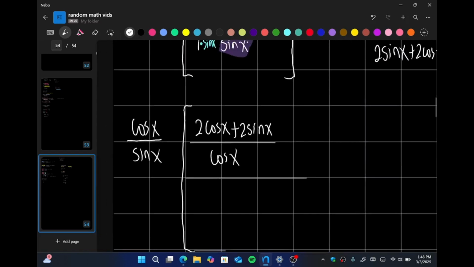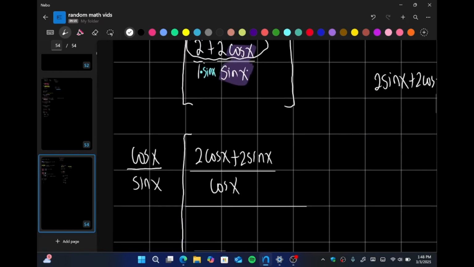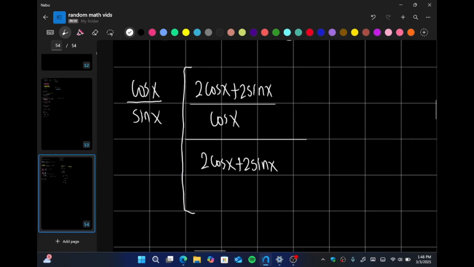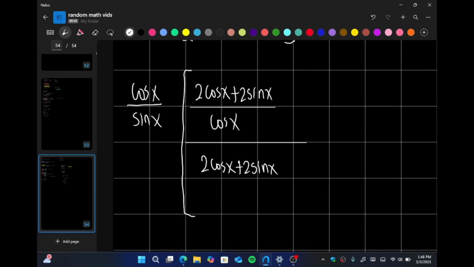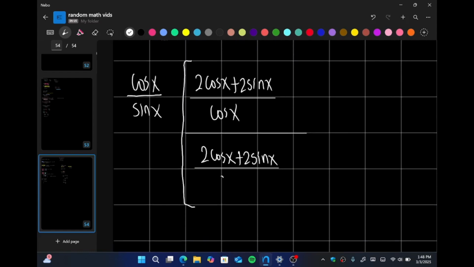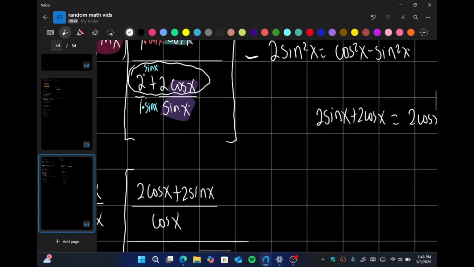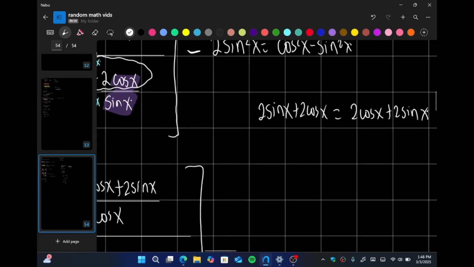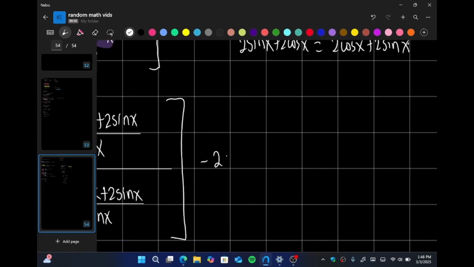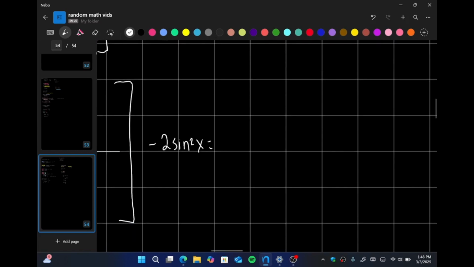So you can rewrite it the same way as the one on the top: 2 cosine x plus 2 sine x, and then we're going to put it over sine x, right? And then minus 2 sine squared x is equal to cosine squared x minus sine squared x, right?